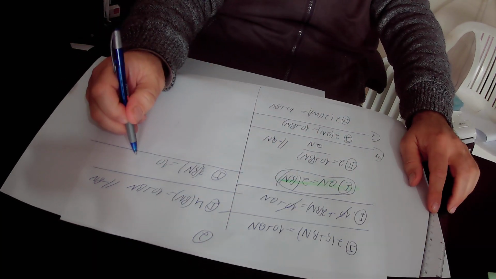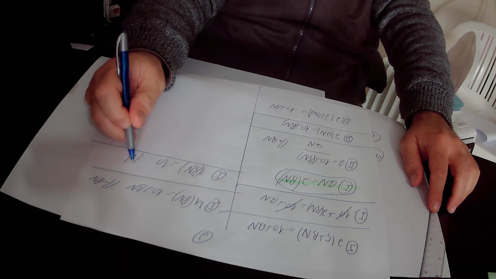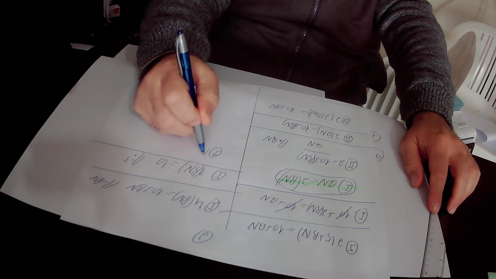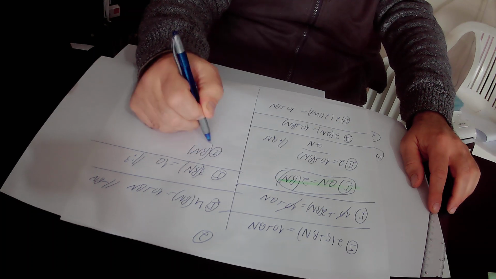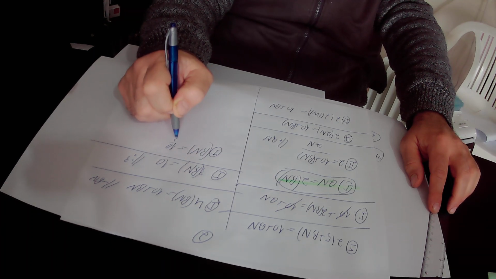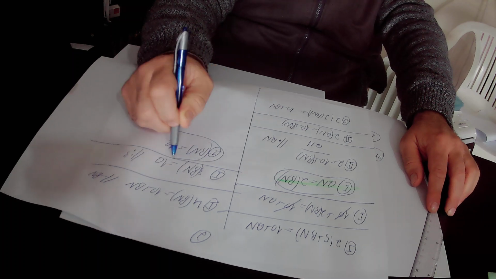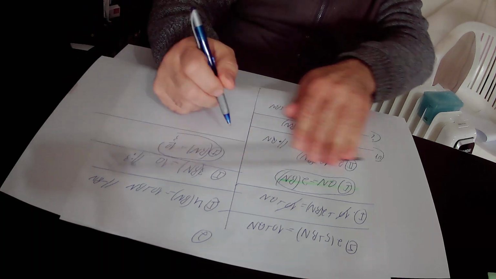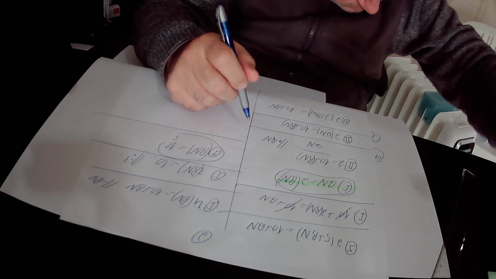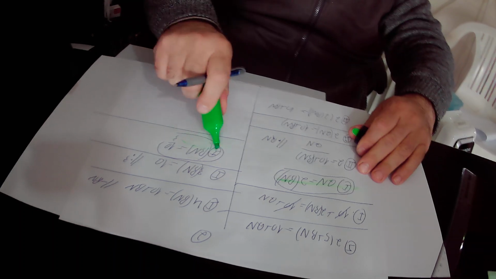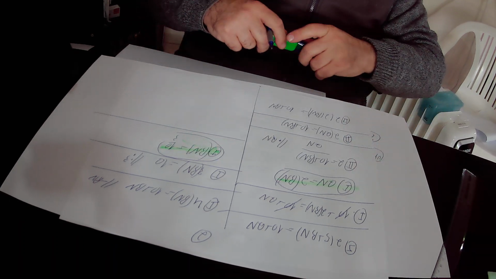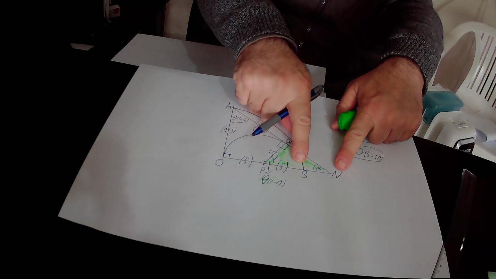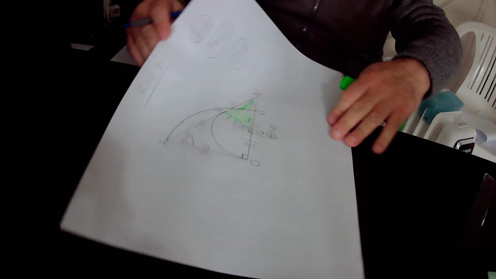Here we divide this equation by 3, and we get that Bn equals 10 over 3 units in its length. So you can write down in the original drawing that the line segment Bn is 10 over 3 units.